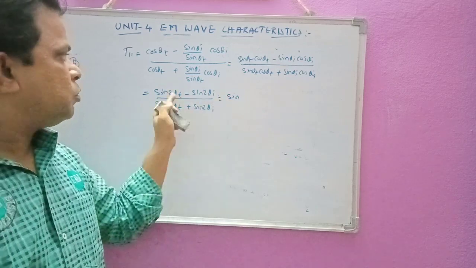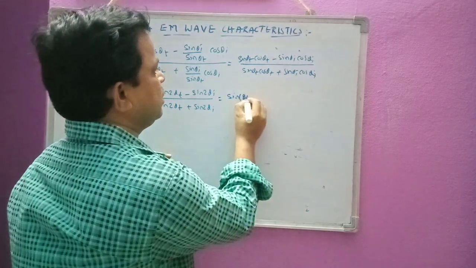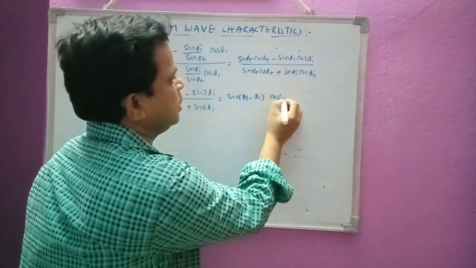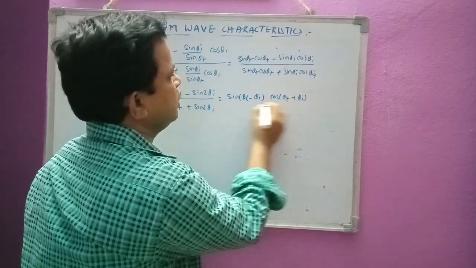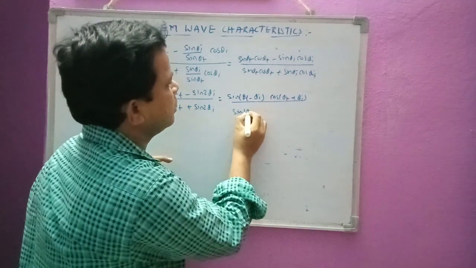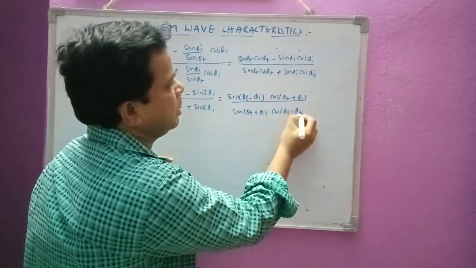So I am going to use this formula and I can write directly here, that is sin(θt minus θi) into cos(θt plus θi). Similarly, sin(θt plus θi) cos(θt minus θi).